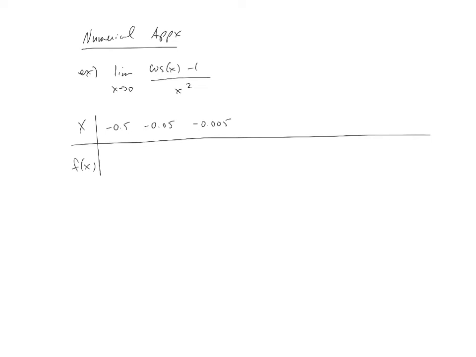And then on the other side, I'll do the same numbers but positive. And so you can see we're approaching 0. 0 is going to be somewhere here in the middle. I'm approaching it from the left. I'm also approaching it from the right. So I'm taking numbers really close to it from both directions.